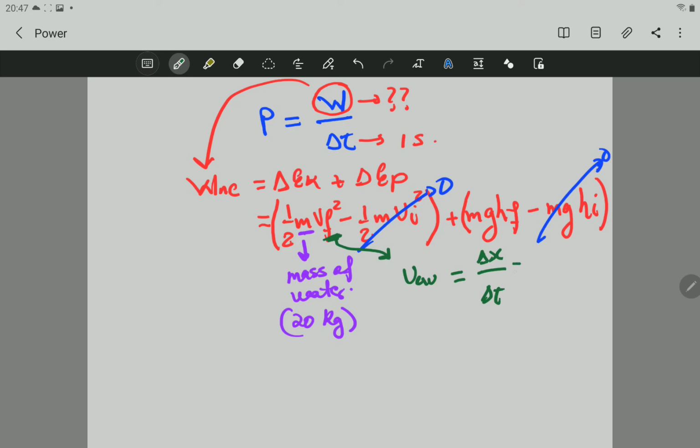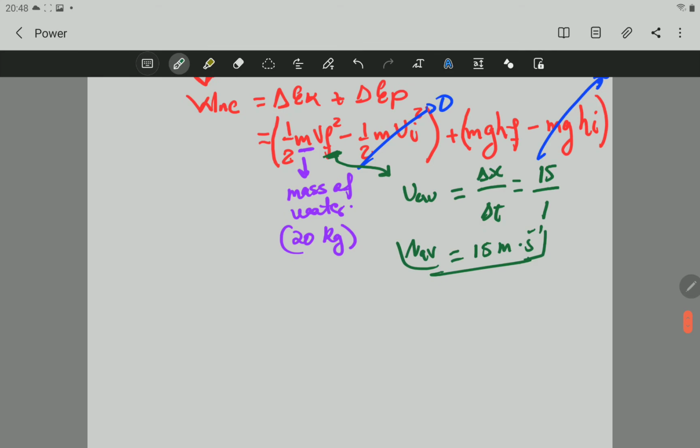What is the distance that the water is going to cover? It's going to cover 15 meters, and the time is 1 second. In 1 second, that water must cover 15 meters. So the average velocity or the speed right at the top must be equal to 15 divided by 1, which is 15 meters per second. All right, that is important. That is going to be substituted in that.